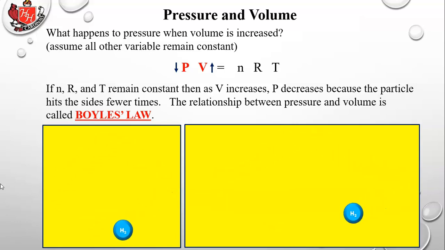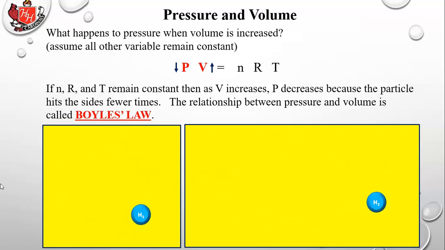So if you increase the volume, what does that mean in terms of pressure? Well, if pressure is the number of times that the particle hits the side of the container, then if you give it a bigger container, it's going to have to travel a farther distance to hit the sides. That means it's going to hit the sides fewer times. Therefore, that's less pressure. So let's say that again. They're both moving the same speed, but the one on the right is in a larger container.